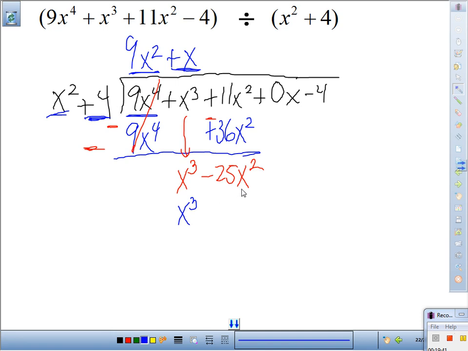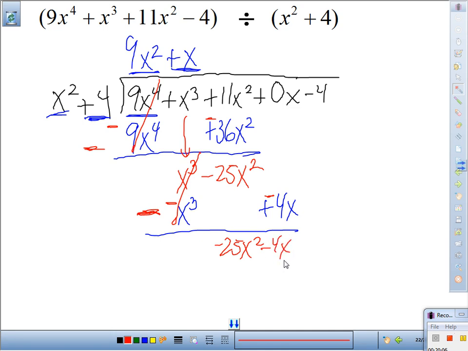Do I put it under the x squared? No, I put it on the next phase, which is positive 4x. So that means this is a negative, this is a negative. I'm left with negative 25x squared minus 4x.